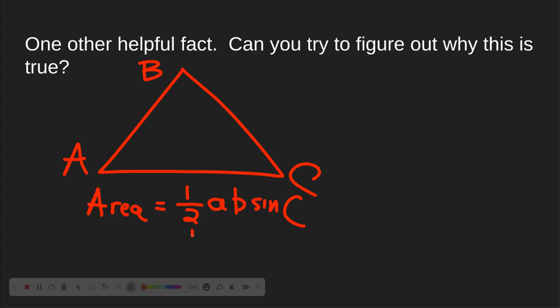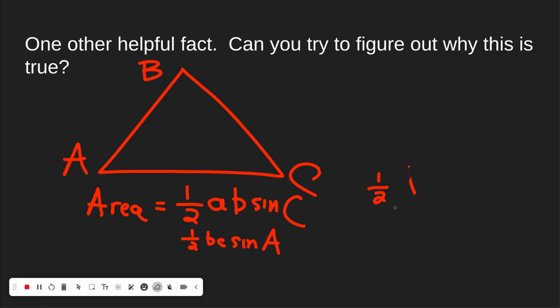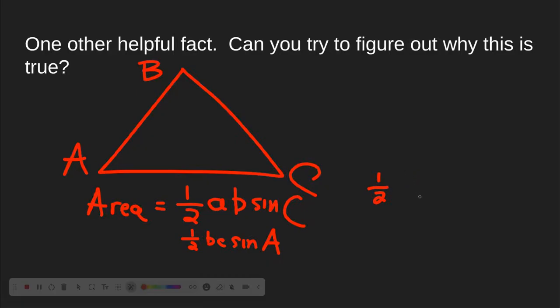This also works: 1/2 BC sine of A. And so what do you think the third one that works is? 1/2 AC sine of B. You are correct.